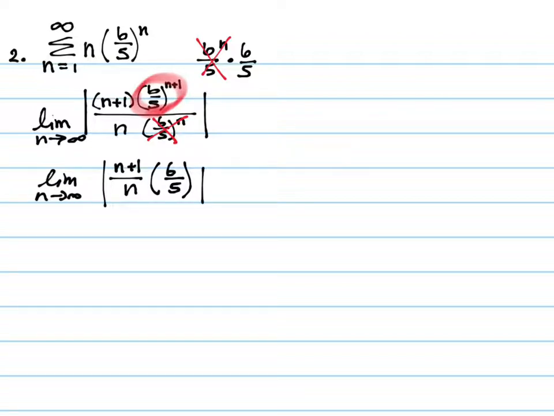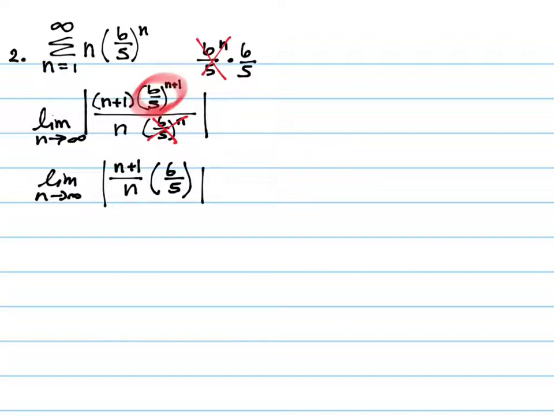All right, so this actually looks a lot like things that we've done limits of before. Not the 6/5 part per se, but the n plus 1 over n part should. Looks like a polynomial over a polynomial. And the reality is that the n's at the beginning are the important part, right?